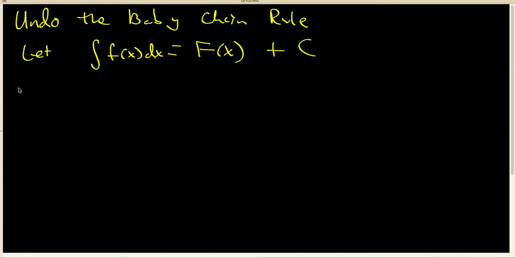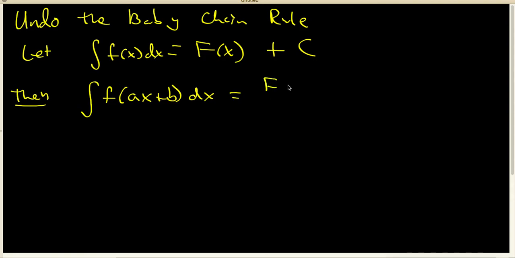Then what I can say is this: the antiderivative of little f evaluated at ax plus b is going to be equal to capital F evaluated at ax plus b divided by the slope of ax plus b, which means divided by a, and then add any constant that you want to add.